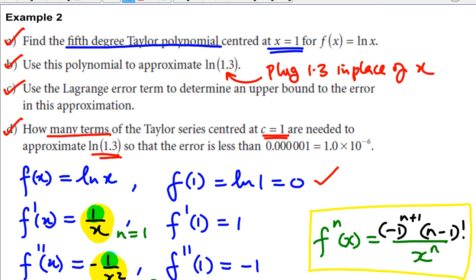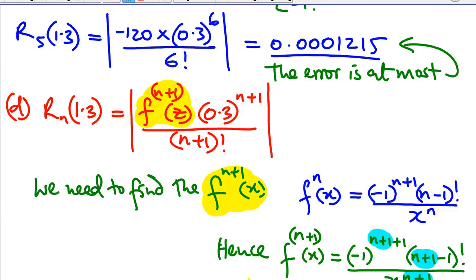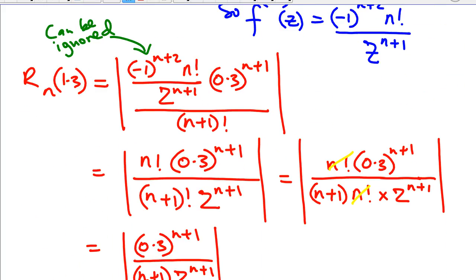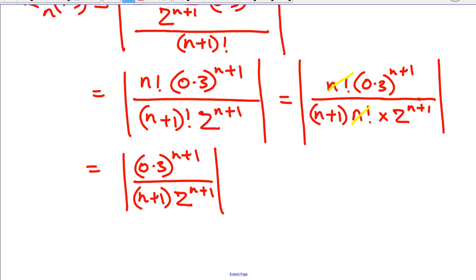That's why I'm saying that. The fact that z is between 1 and 1.3, and by inspection, by looking at this, we will have maximum error if z is equal to 1, because if z is 1.3, we won't have maximum magnitude of error.